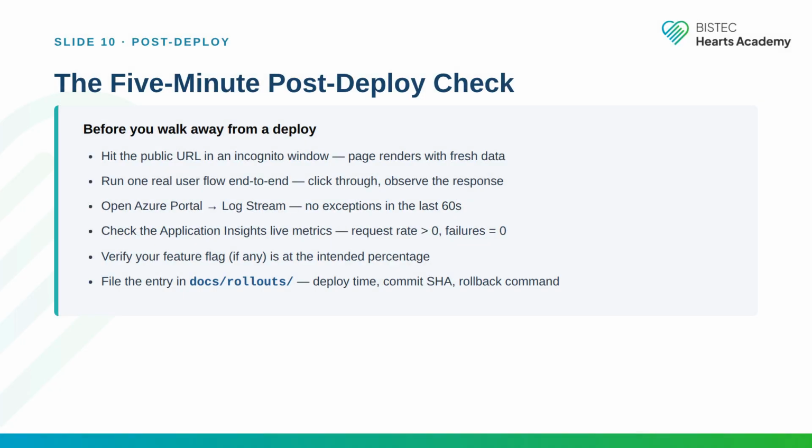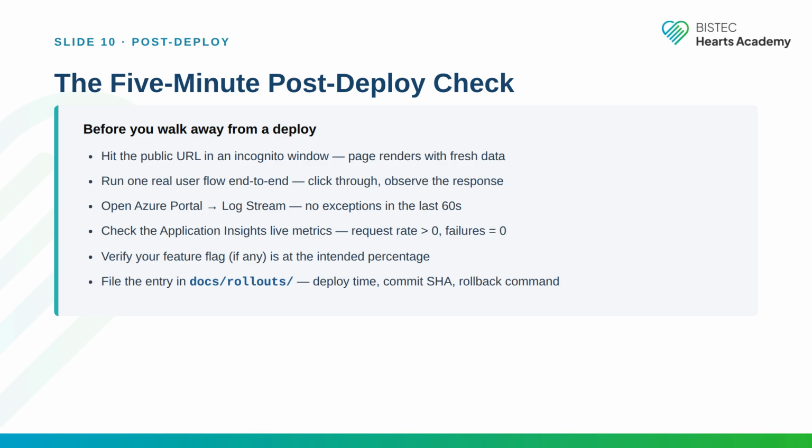Before you walk away from a deploy, 6 items. 1. Hit the public URL in an incognito window. Page renders with fresh data. 2. Run one real user flow end-to-end. Click through, observe the response. 3. Azure portal log stream. No exceptions in the last 60 seconds. 4.